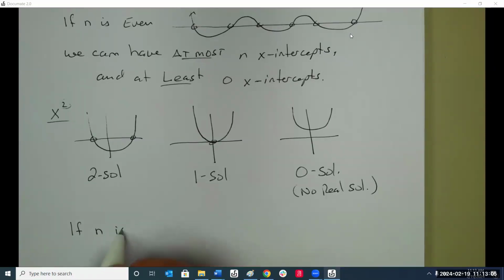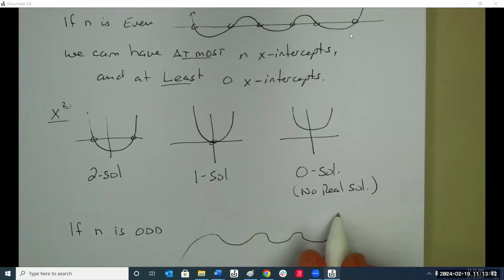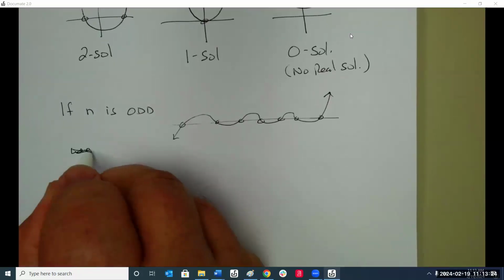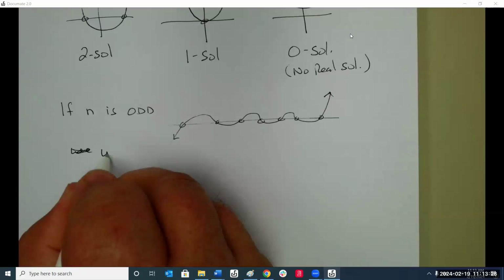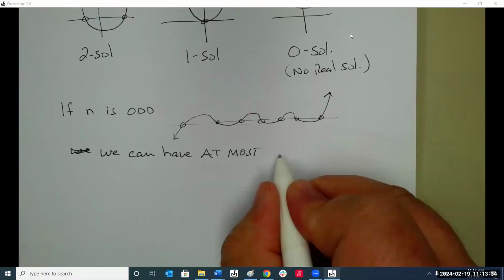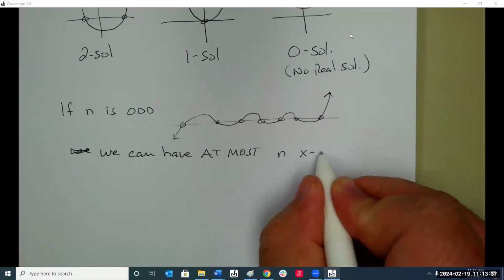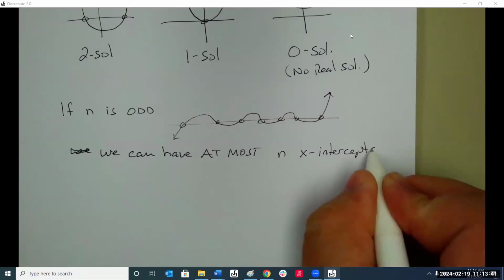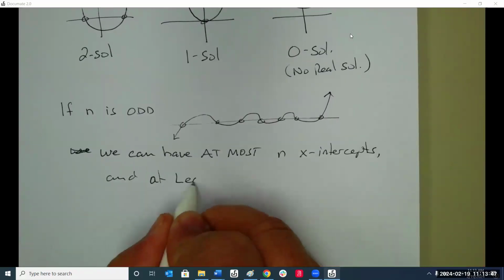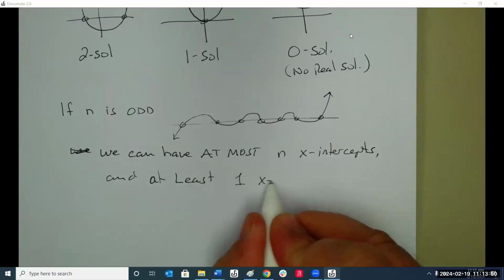If n is odd, we can have at most n x-intercepts, and at least one x-intercept.